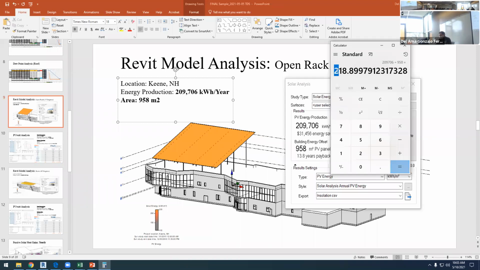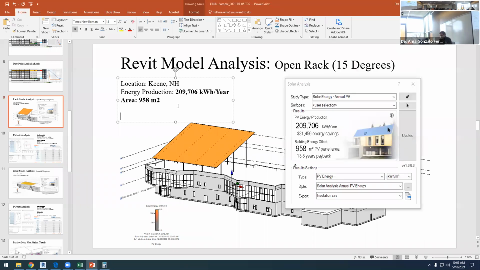Okay, so this is 2... So that means that we have 218.89 kilowatt hours per square meter. Okay, and this is the important figure, not the total, but this ratio between energy and area.